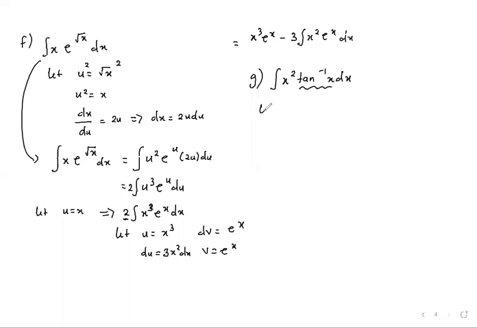So you rate it to be u, tan inverse of x. And then your dv becomes x squared dx. Then your v will be x cubed over 3. And then du, we differentiate this one now. This is 1 over x squared plus 1.